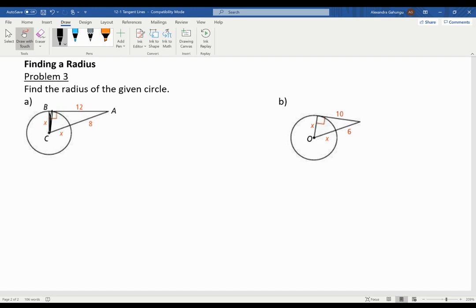And we notice that we have the radius here again, x. But we also need to know what this AC is, because we're going to be working in this triangle, and we need to know the full length. It's x and then 8 more, so it's x plus 8. And I'm working in a right triangle, so yes, we are using the Pythagorean theorem to find x.